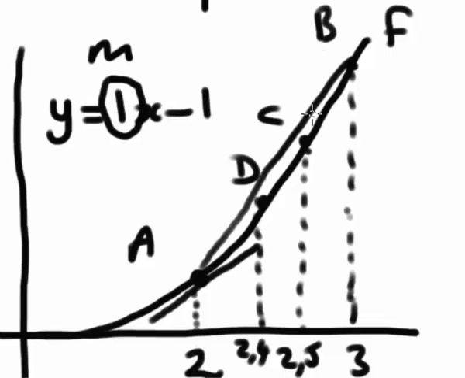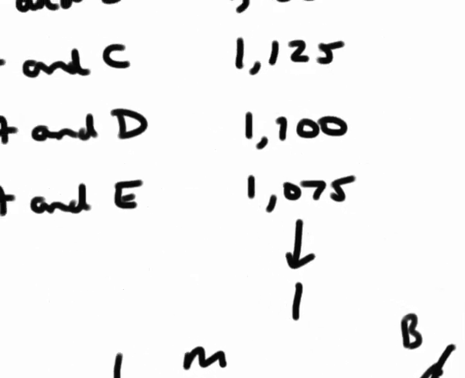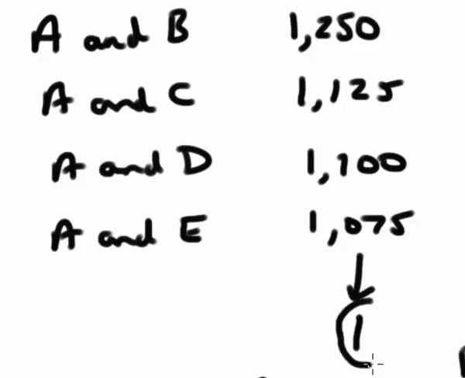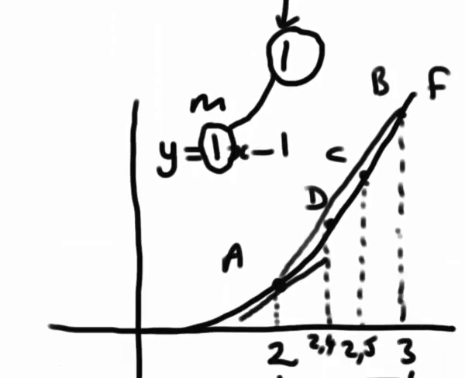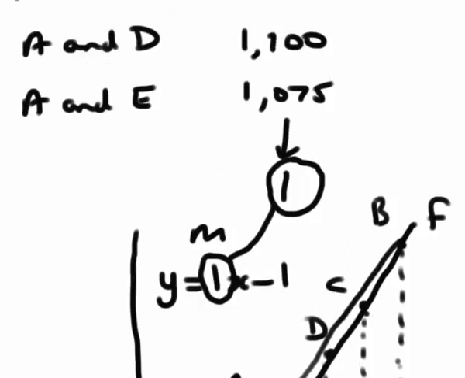You can work out the gradients of the line segments joining those two points, and of course you then have the average gradients of the parabola between those two points, and those average gradients are tending towards 1. But do you notice that the gradient of the tangent at 2 is the same as the gradient that all of these line segments approach as they move down.